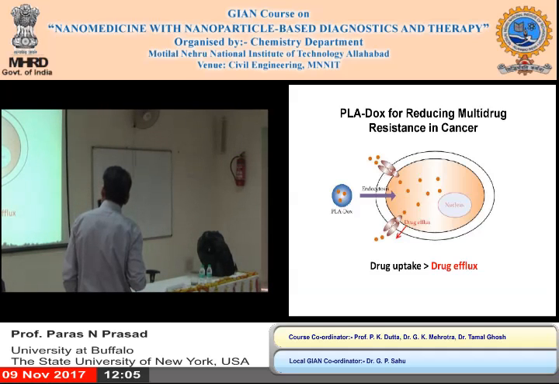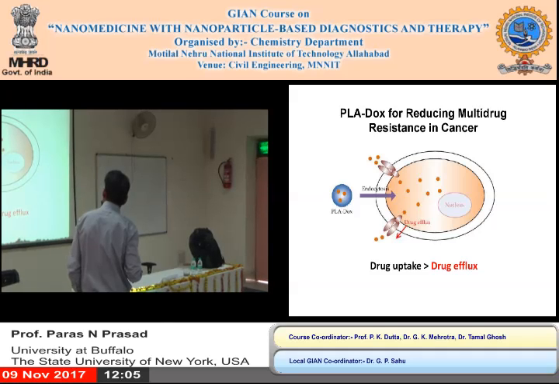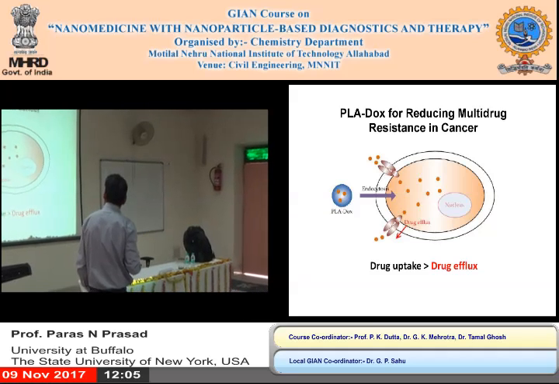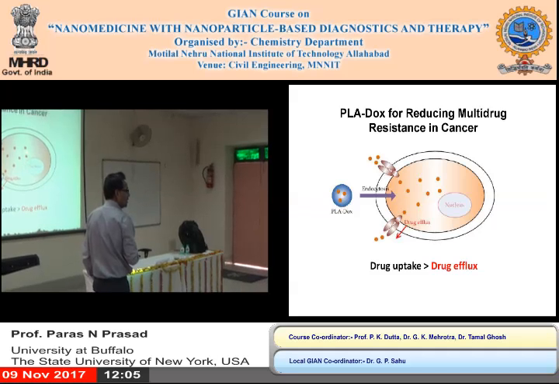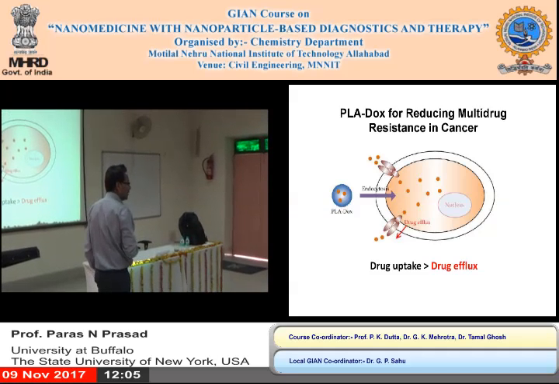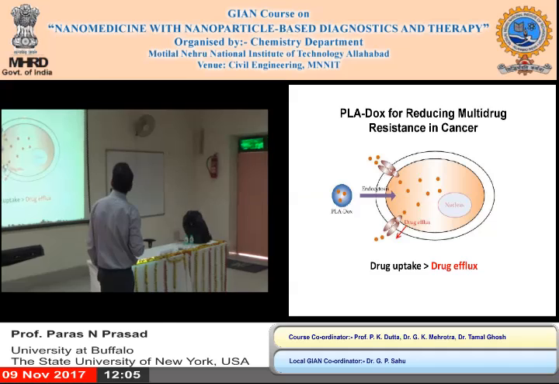But then when they get inside, they break up and release these drugs, and the drug can leach out of the cell too. This is called efflux. So you want to make sure that the uptake process is more overwhelming than the drug coming out, so that inside the cell the drug concentration is high enough to be effective. Okay?